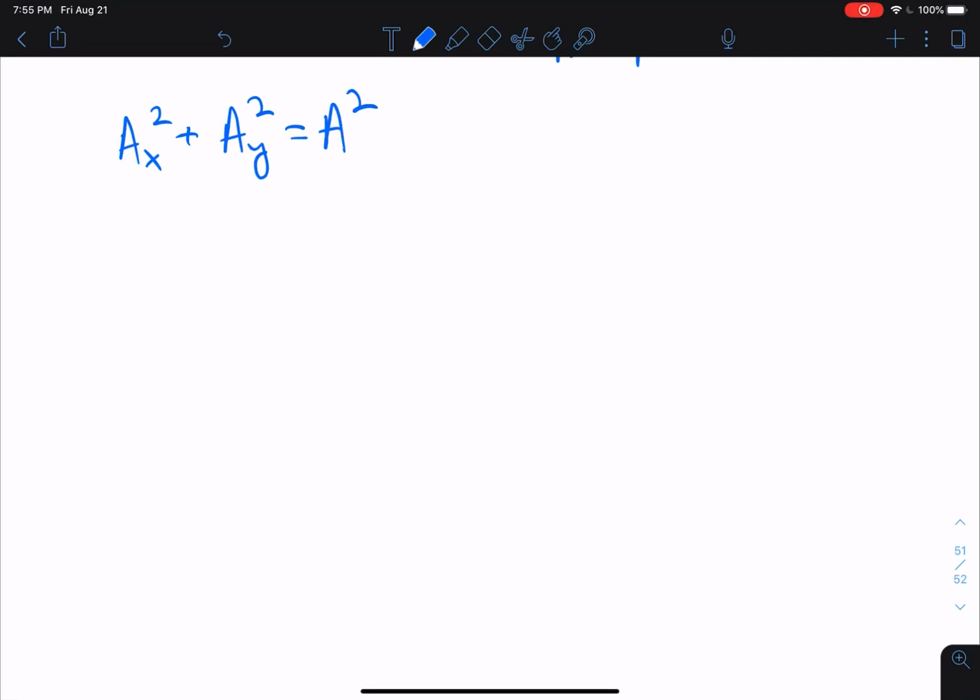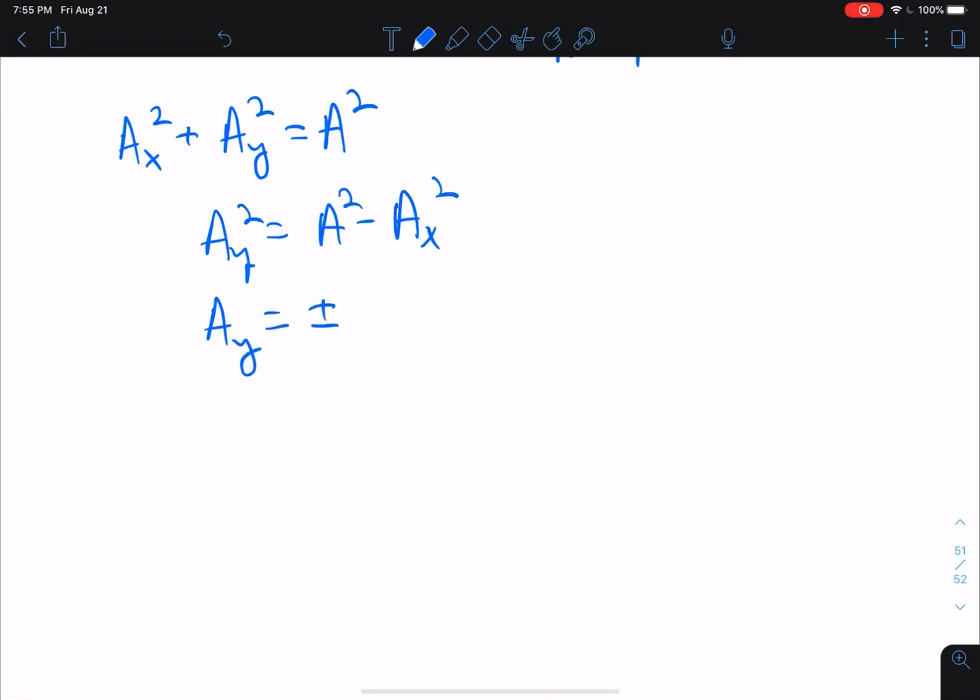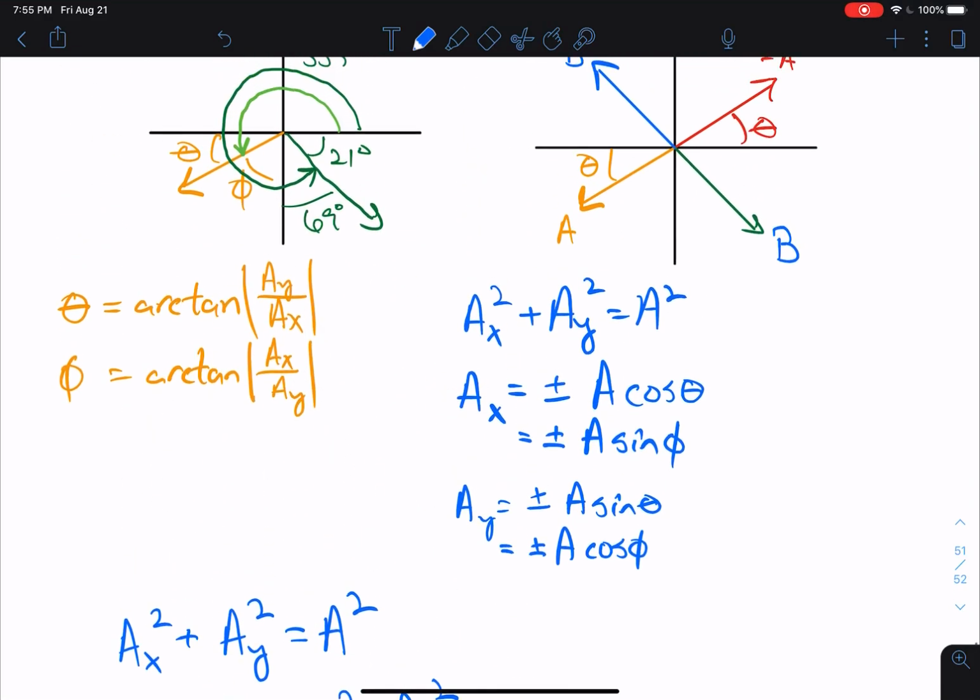So if I were to solve, I'm going to solve for the y component. So that's going to be ay squared equals a squared minus ax squared. And so you take the square roots, but remember the square root is a multi-valued function. So it's plus or minus the square root there. So you have to choose the plus or minus. It's the same thing actually here.